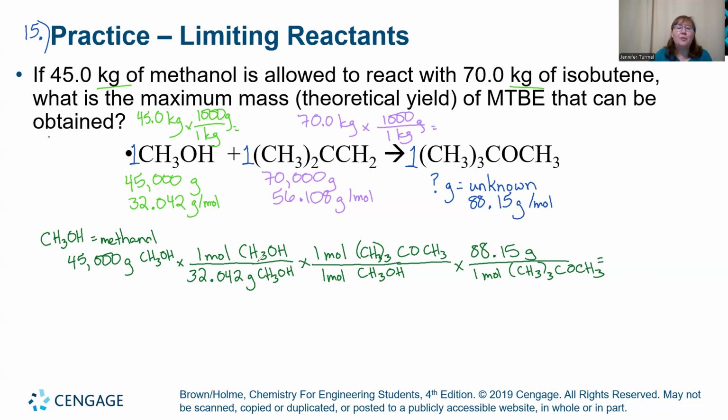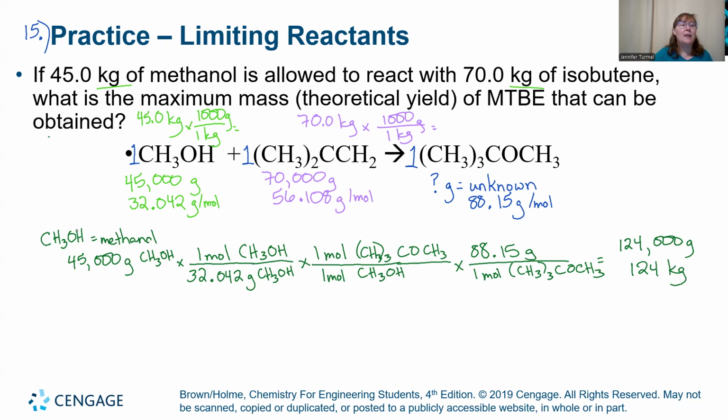And when we calculate that through, 45,000 times 88.15 divided by 32.042, we can only have three significant figures, so this becomes 124,000 grams or 124 kilograms of our final answer.